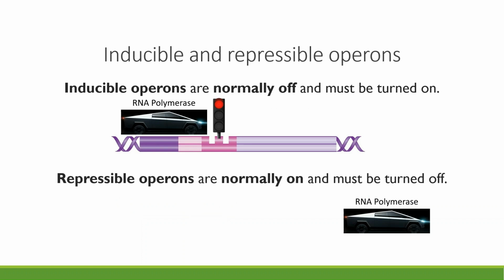Then we have repressible operons, and these ones are normally on, but if something from the environment comes in and that stimuli occurs on that transcript, it represses it, and that's why it's called repressible. So inducible operons are normally off, repressible operons are normally on, and the environmental stimuli turns inducible operons on, and environmental stimuli turn off repressible operons.